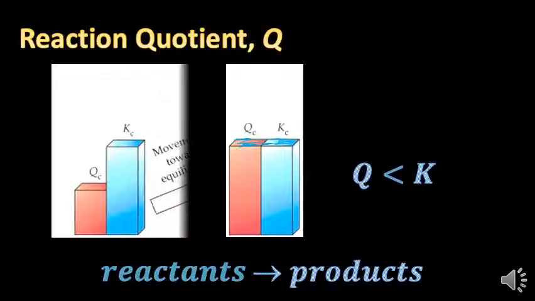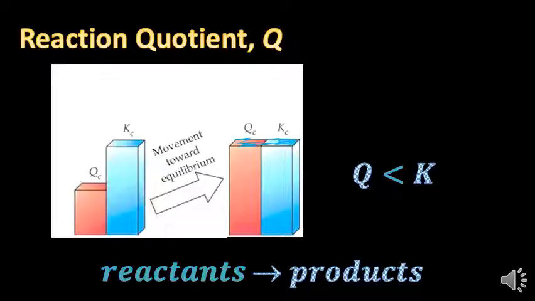In order to get this to move towards equilibrium, the shift has got to be towards reactants, just like you said. So when Q is less than K, the shift is towards reactants.